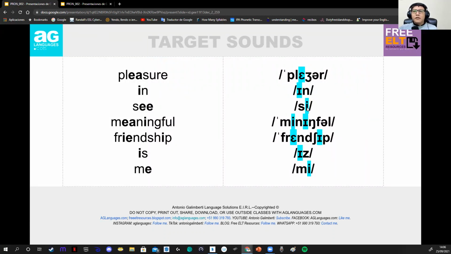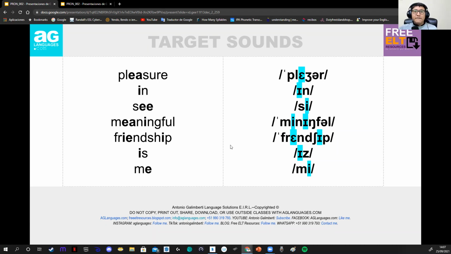You'll see later that there are different sets of phonetic symbols, but don't worry, okay? As long as you stick to one and learn the association between the phoneme and the grapheme, you're going to be fine. We have another word from the poem. Me, meaningful, a meaningful friendship.